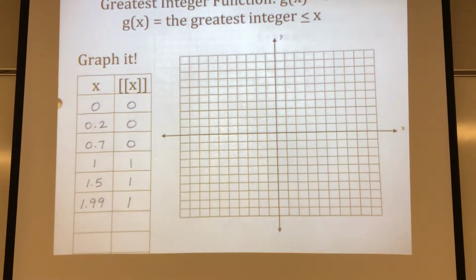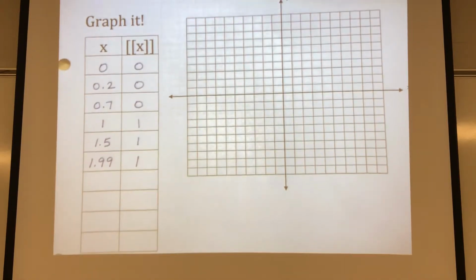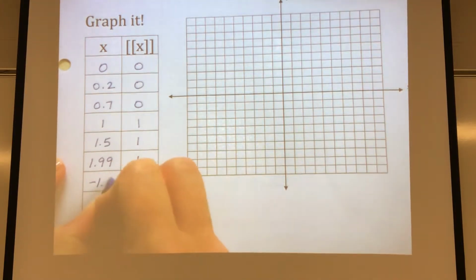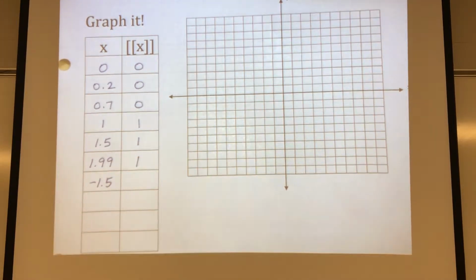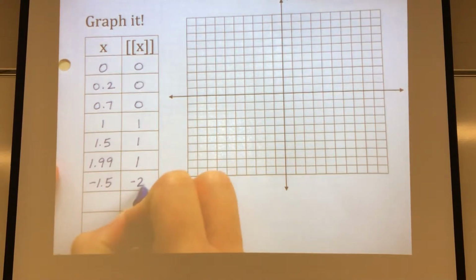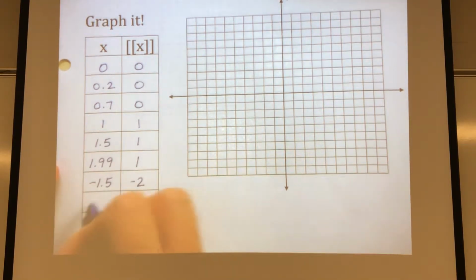Now you have to be careful when you're doing negatives, because you got to think kind of on a number line, you're always thinking to the left. So for instance, if you want negative 1.5, the greatest integer less than negative 1.5, what integer would be to the left of that on the number line? Well, that's negative 2. So you always got to move left.